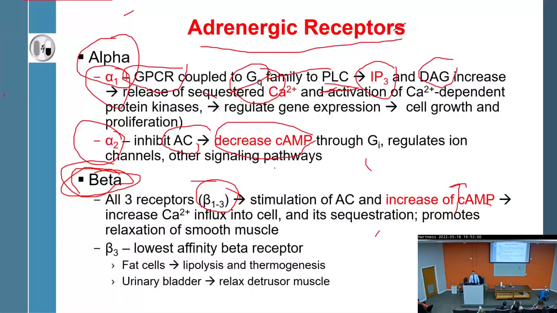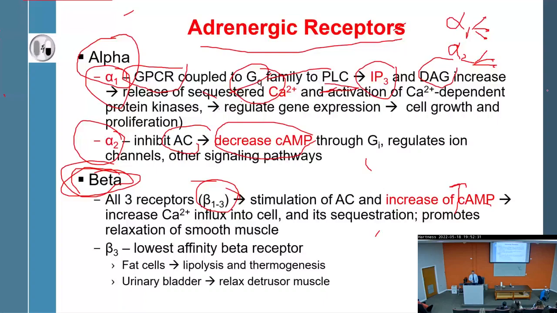You probably will see at some point, maybe, that the alpha family has subtypes. So the alpha 1 has different subtypes, and the alpha 2 also has different subtypes. Okay? I'm not going to go into much detail about that. Just to tell you that some of the action of these agonists also depends on which subtype of receptor, say 1A, 1D, 1C, etc. Okay?